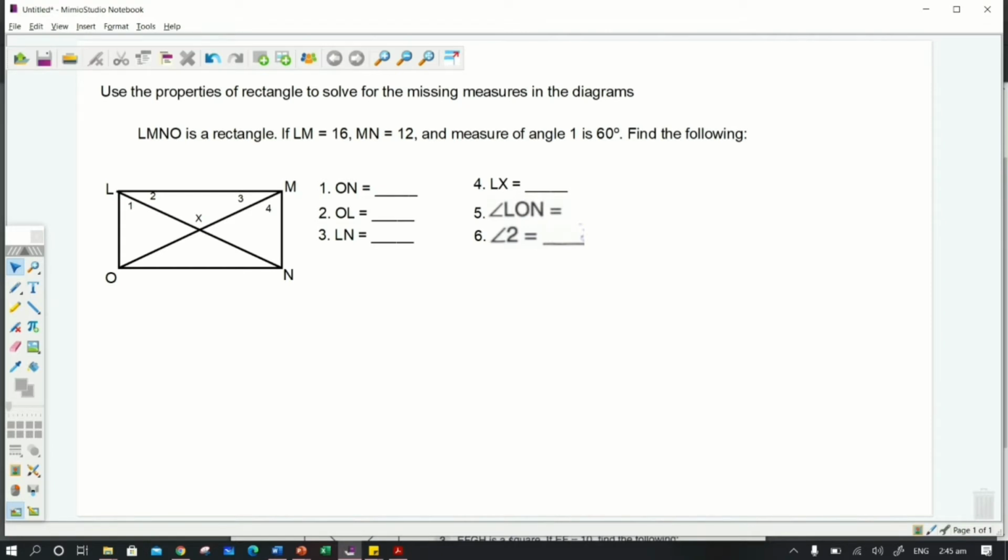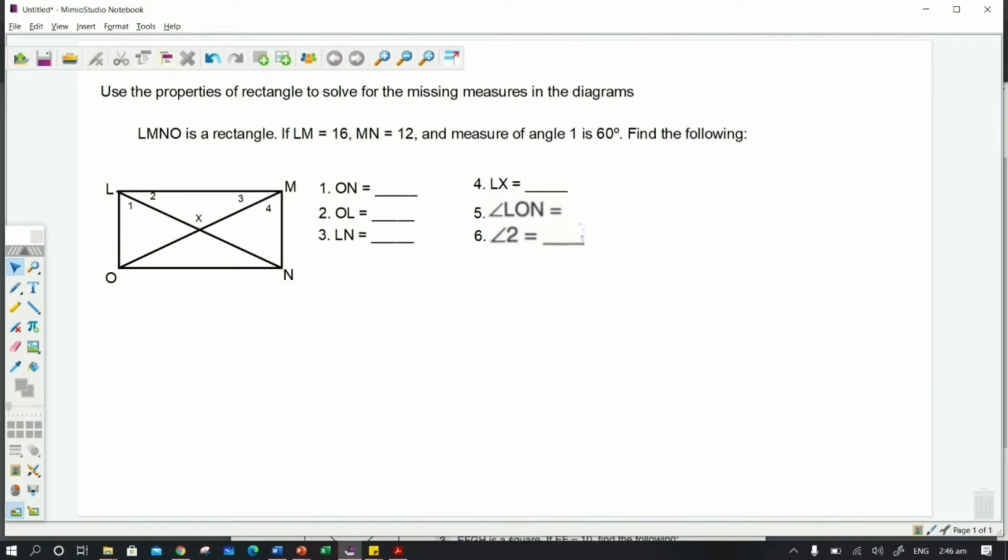So we're going to find the measure of, we have side ON, then we have side OL, which is this one, and then we have diagonal LN, and we have this one, segment LX, then number 5, angle LON, then we have angle 2. So unahin muna natin si side ON.